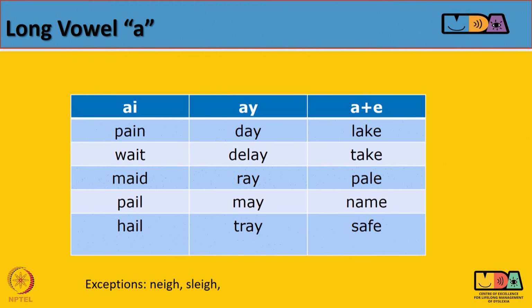Now, we have some exceptions. You have words like neigh, the horses neigh, and the sleigh that you use in snow, both have A sound, but it is written as EI and not AI. I would suggest again that you use a different color for EI and teach these words as a word family.